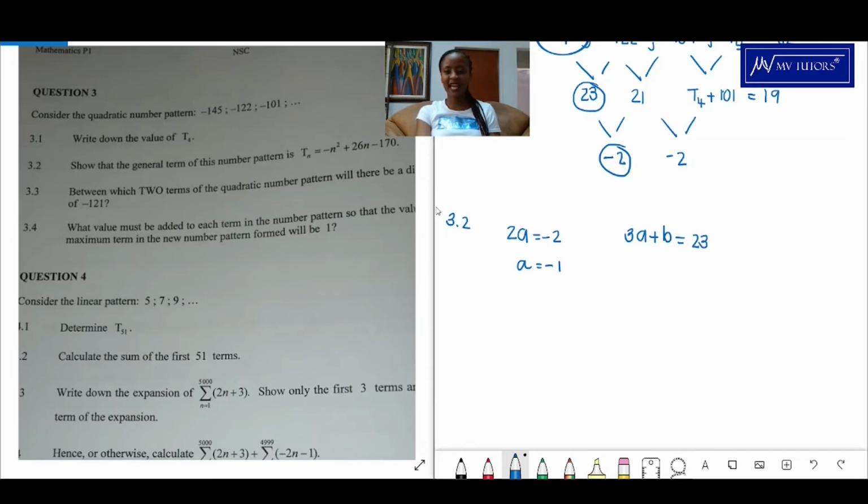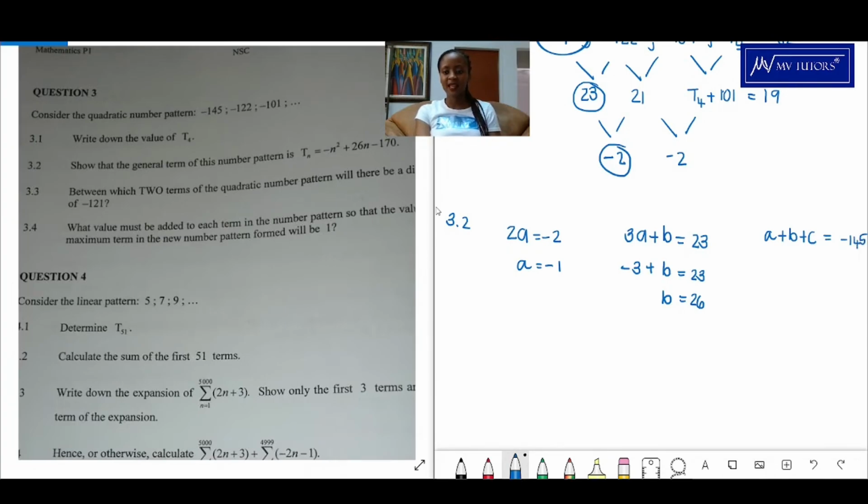All right, and we already know that a is -1, so we actually have -3 plus b is equal to 23. Now if I take -3 to the right hand side, it'll be +3 plus 23, so it is 26. B is 26. And then finally, we have a plus b plus c is equal to -145.